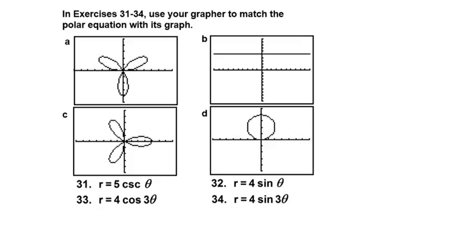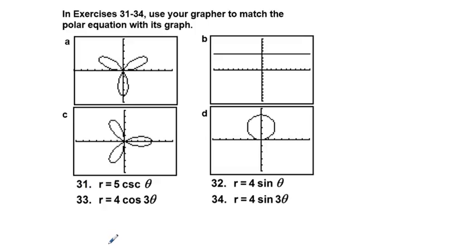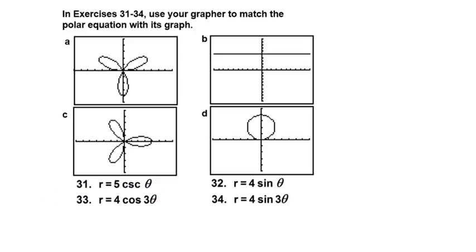So we're going to have to locate how we graph polar equations in our TI Nspire CX calculator, and we're going to try 31, which is r equals 5 cosecant theta.